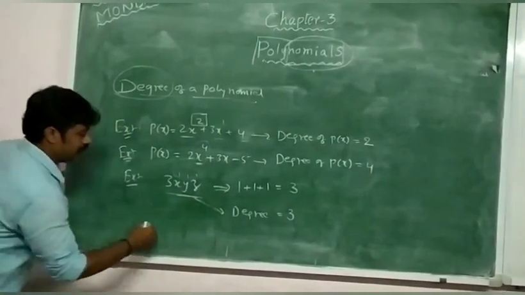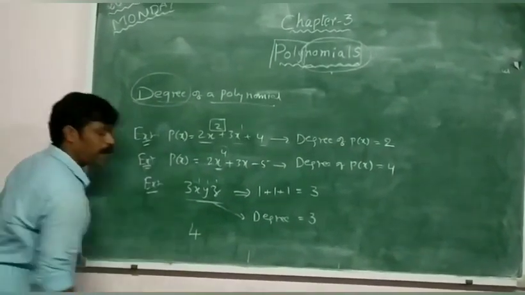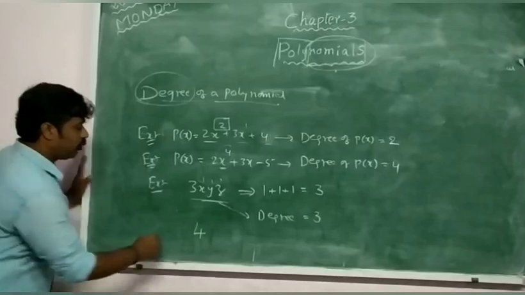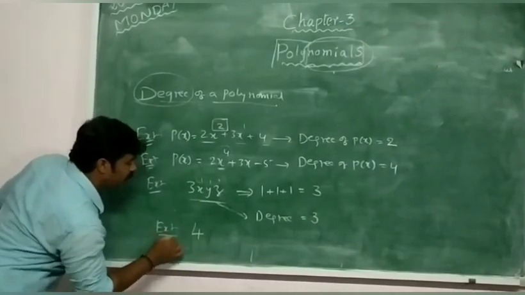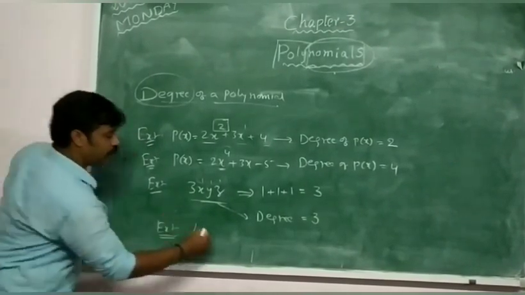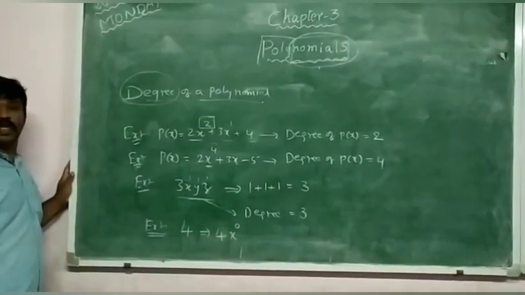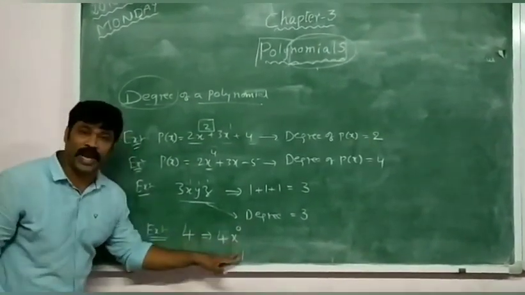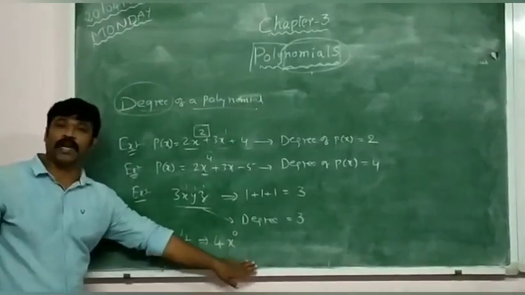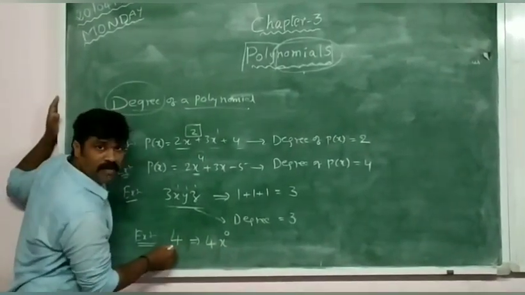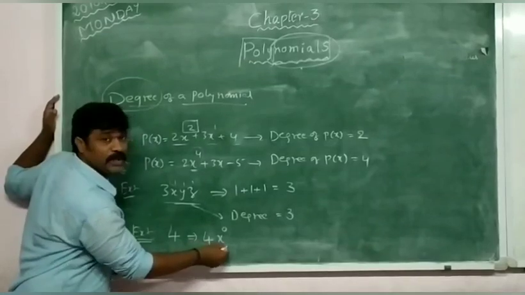For example, take another example. If I take 4, it is a constant. To find the degree of the constant, we can take any variable and write the power as 0, because x power 0 has the value 1. So 1 into 4 again we get 4 only. So for convenience we can write 4 as 4 into x power 0.